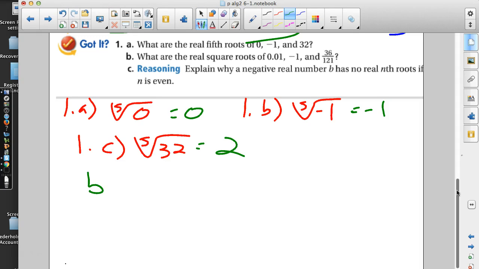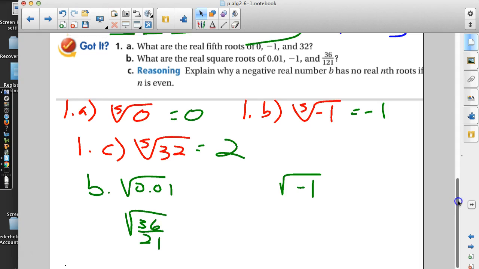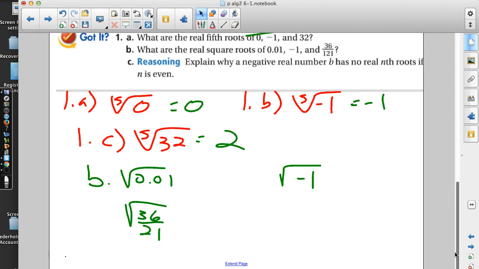So B is going to switch gears on us because it says, what are the real square roots of 0.01, -1, and 36/121? So take a minute and write them down on your packet, what you think the answers to those are.